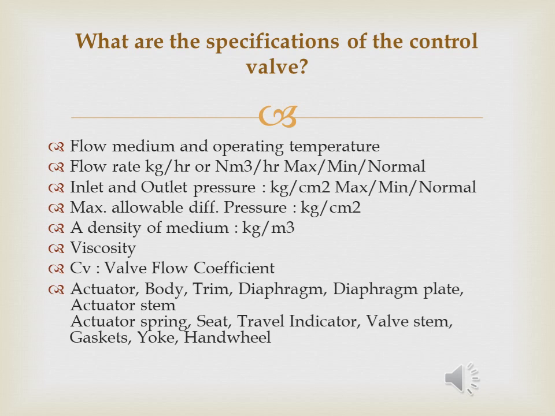Flow medium and operating temperature, flow rate kg/hr or Nm3/hr, max/min/normal, inlet and outlet pressure kg/cm2, max/min/normal, max allowable differential pressure kg/cm2, density of medium kg/m3, viscosity, CV valve flow coefficient, actuator, body, trim, diaphragm, diaphragm plate, actuator stem, actuator spring, seat, travel indicator, valve stem, gaskets, yoke, hand wheel.